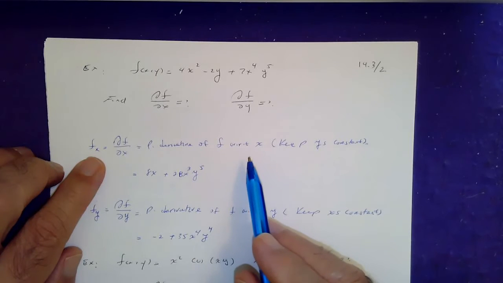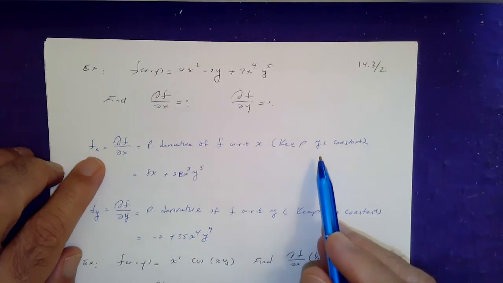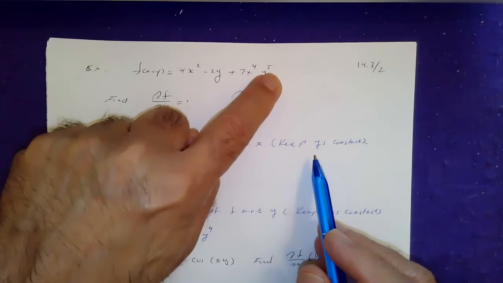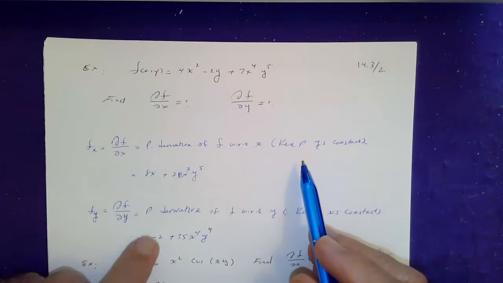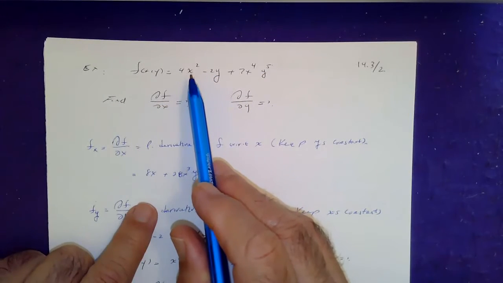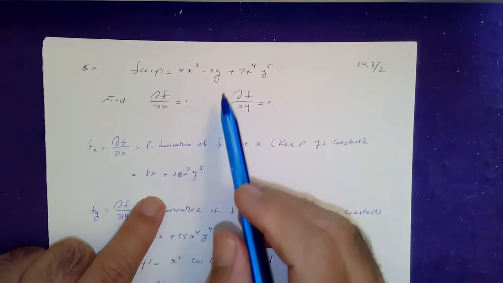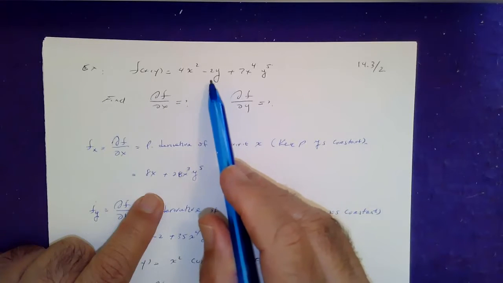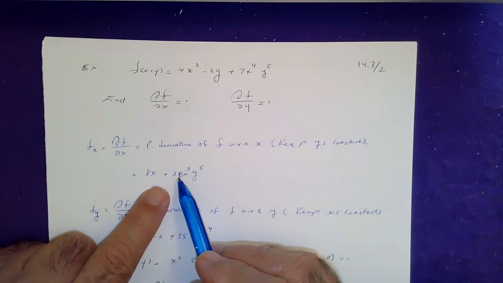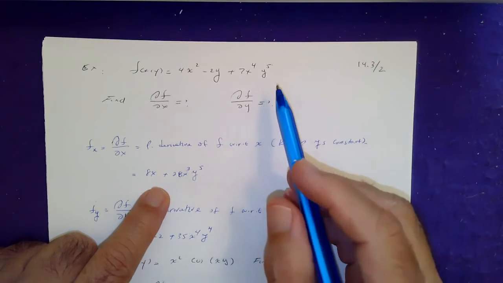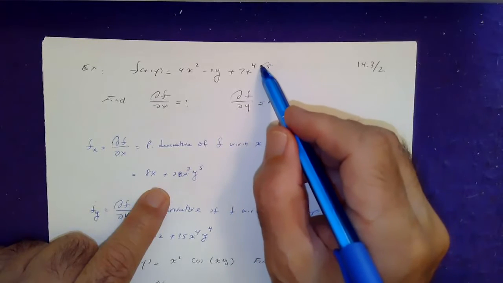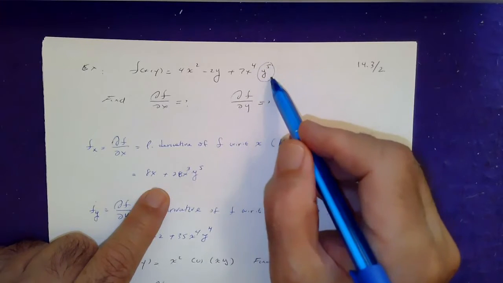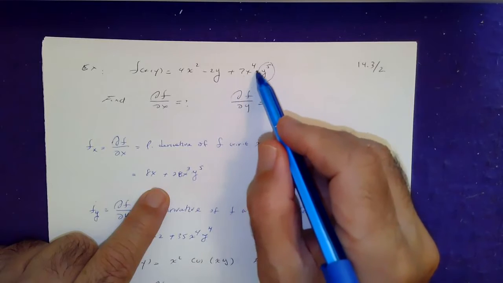So for the partial derivative of f with respect to x, we're going to pretend y is constant. We take the derivative of this term, that's 8x. This term is constant, so the derivative of a constant is 0. Here, this y is constant because it's the coefficient of 7x to the 4.